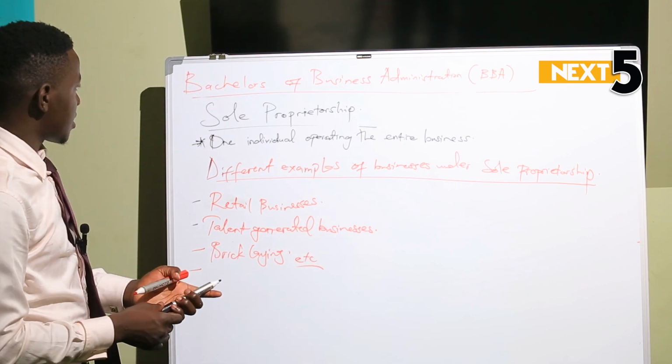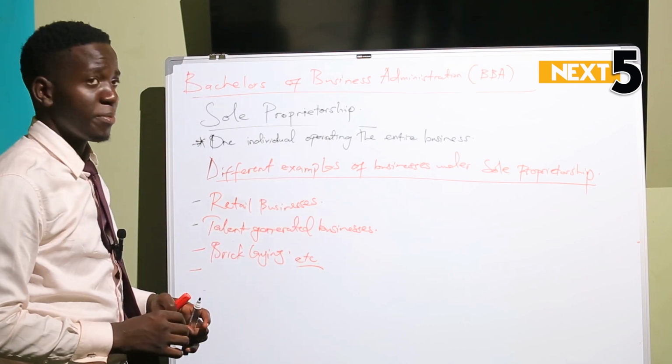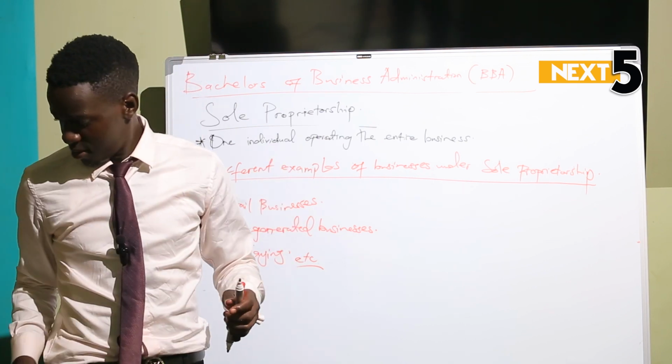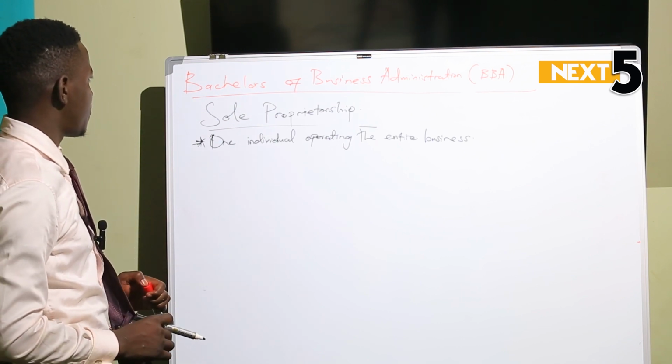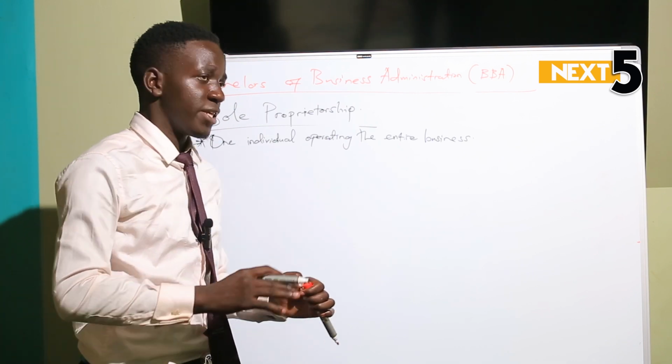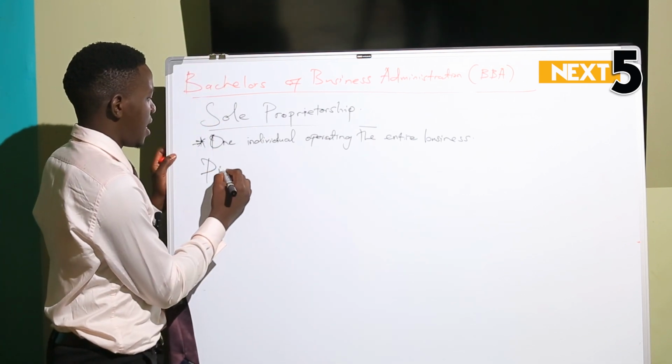Then I want us to also go to some of the disadvantages under sole proprietorship type of business. So I want us to look at some of the disadvantages of one individual operating the entire business, and these are shortlisted as below.